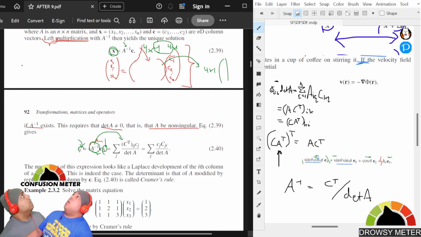The i-th element, summation over j. I'm trying to figure out the notation. A inverse is the cofactor transpose over the determinant of A, multiplied by the column vector. Let me try to write this myself.